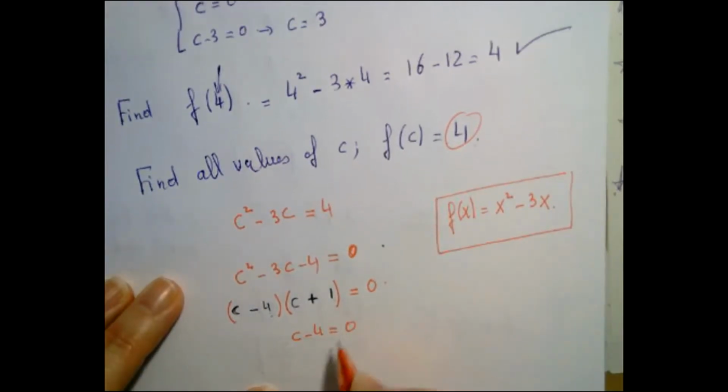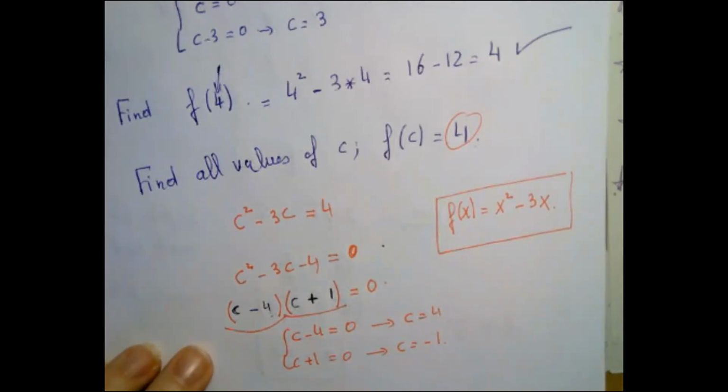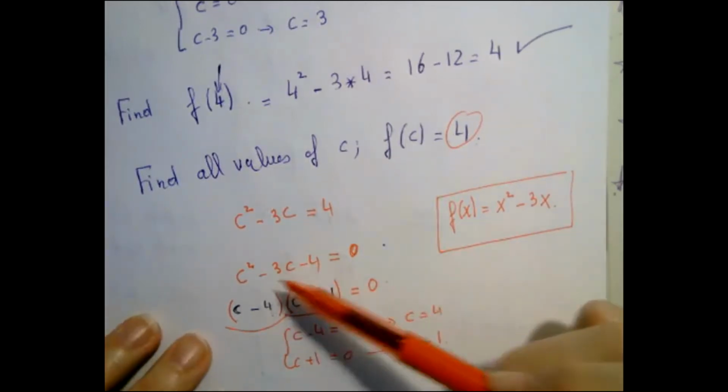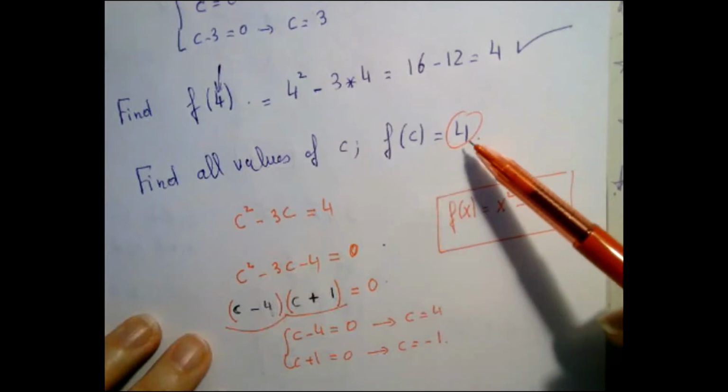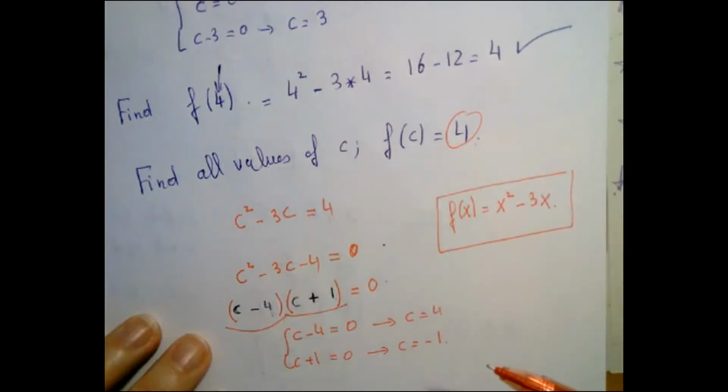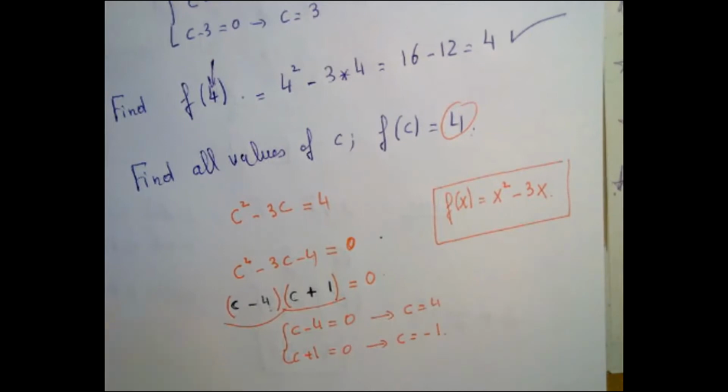If this is 0, it means this is 0 or that is 0. If c minus 4 equals 0, c equals 4. And this gives me c equals minus 1. So there are two input c's that bring up an output of 4. That's how we're going to solve that.